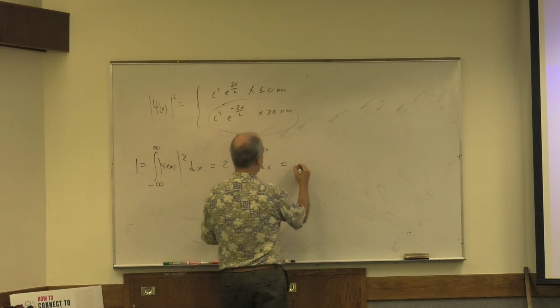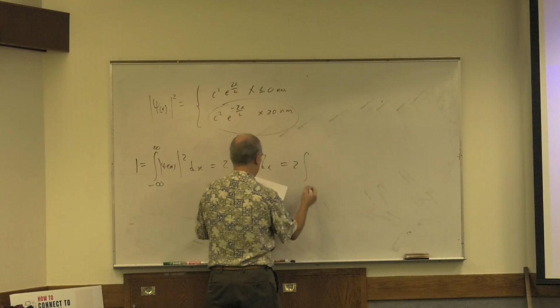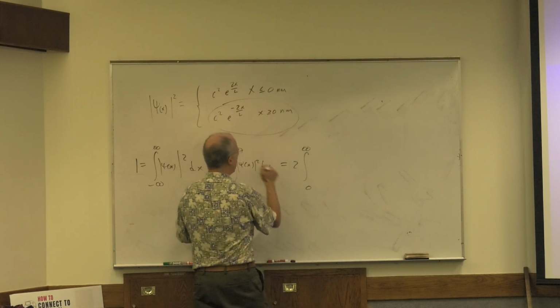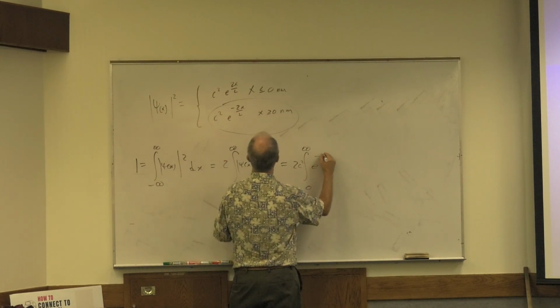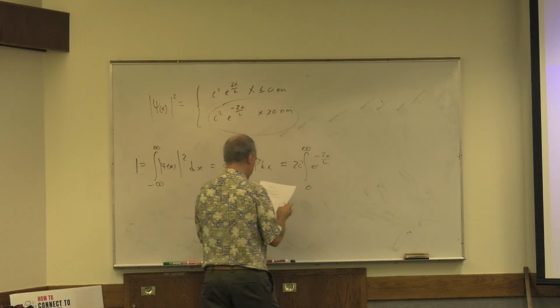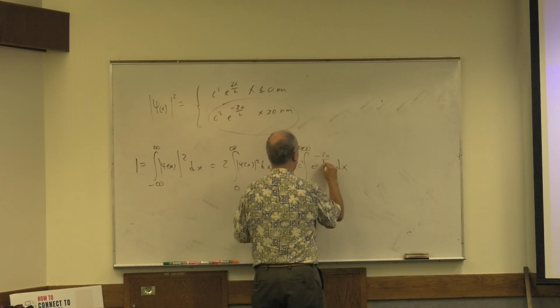So it's going to be 2 times the integral from 0 to infinity. Bring out the c squared, and then we have e to the minus 2x over L dx. That's an L.